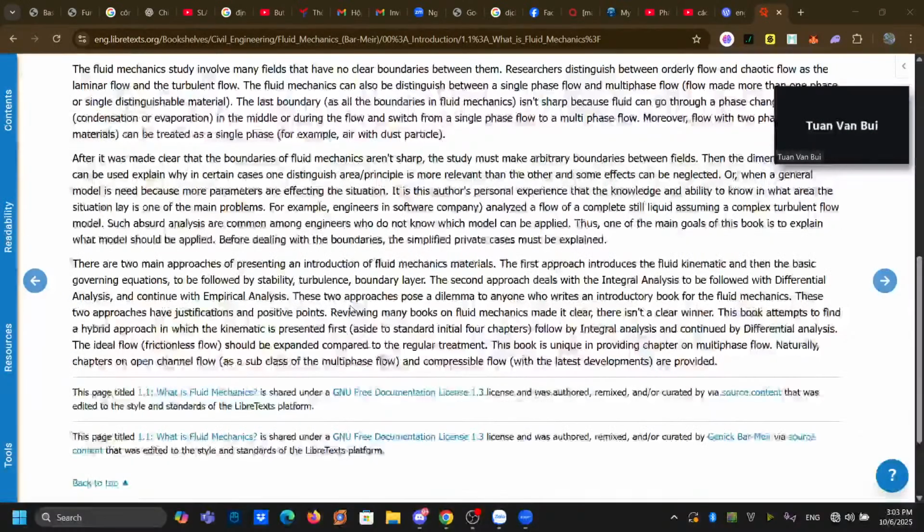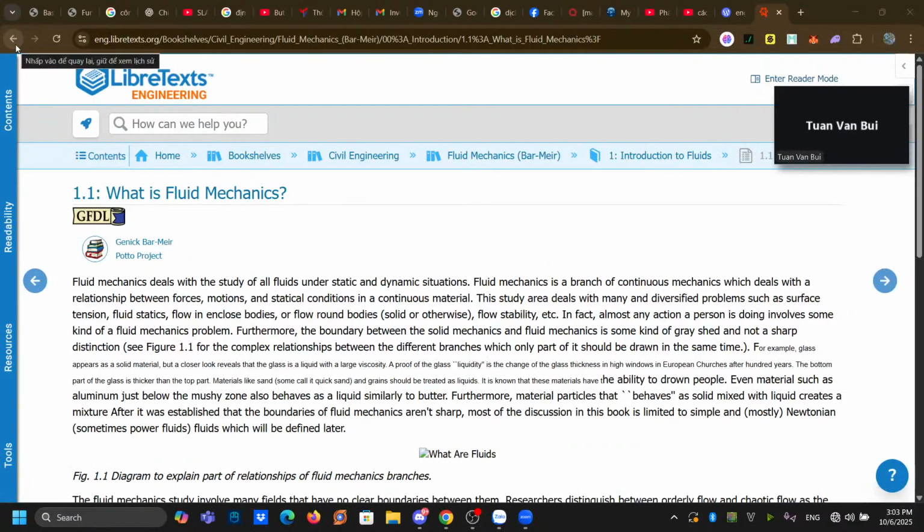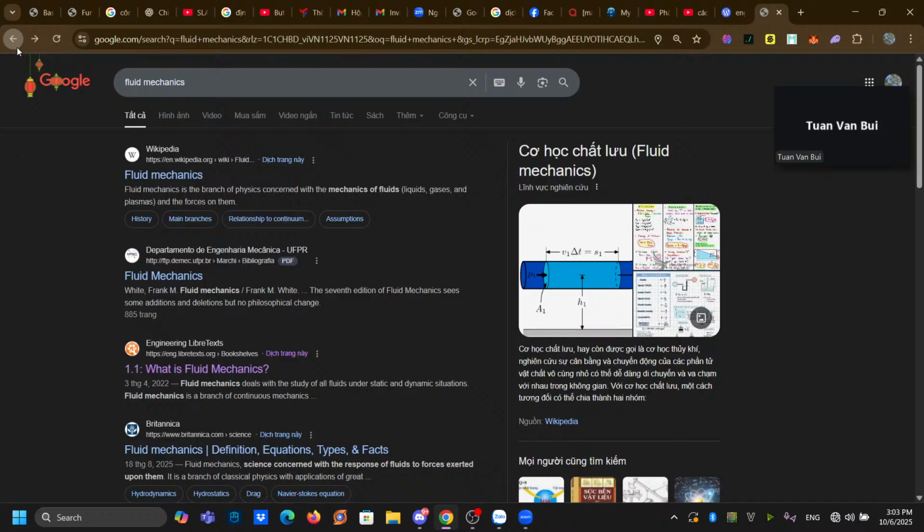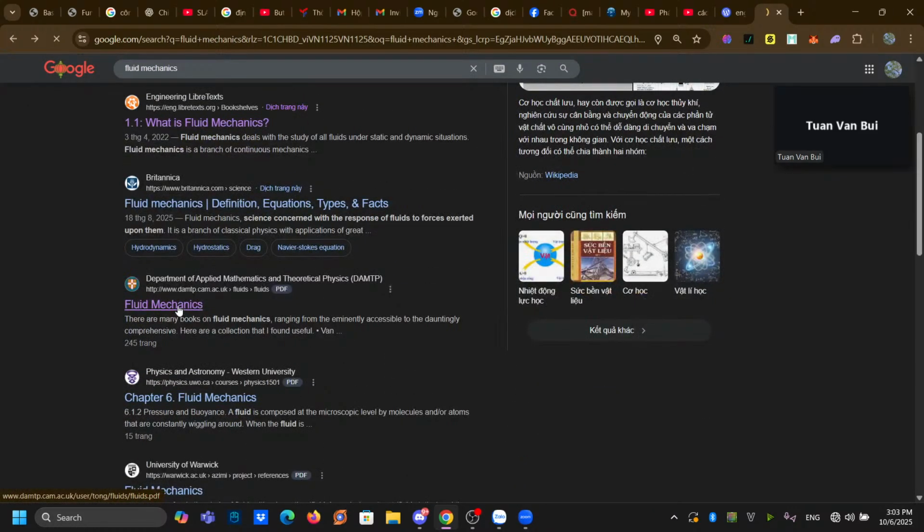Okay, I see the direct answer from chat: Newton's second law, F equals ma. Yes, that's the same answer.